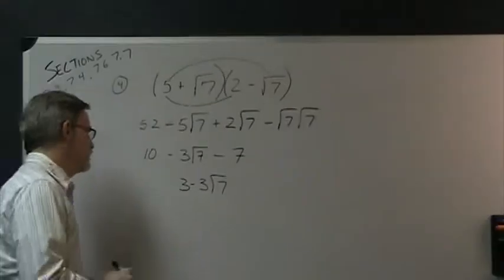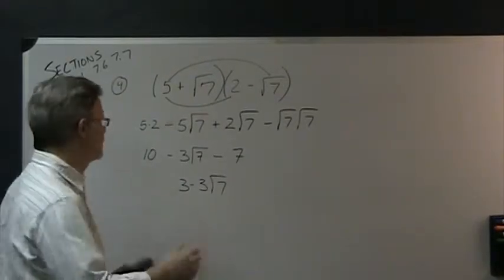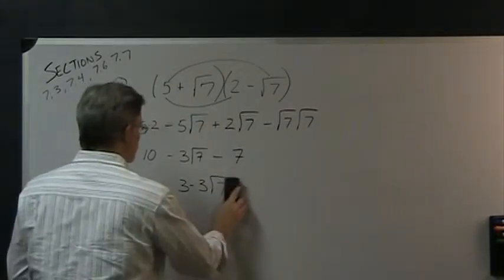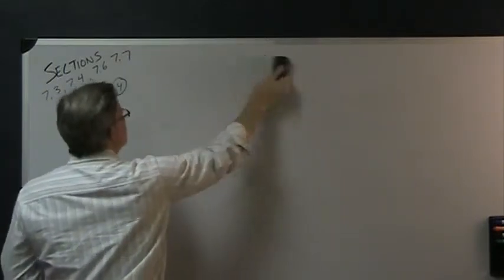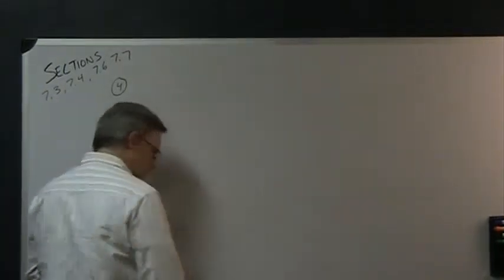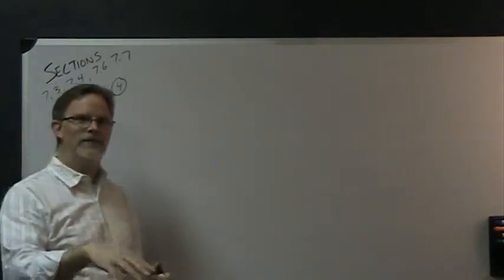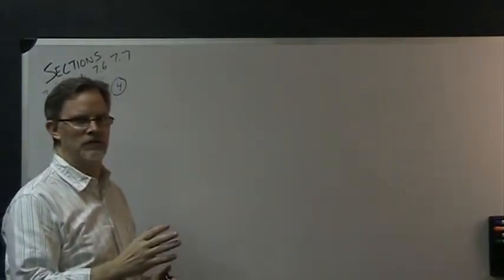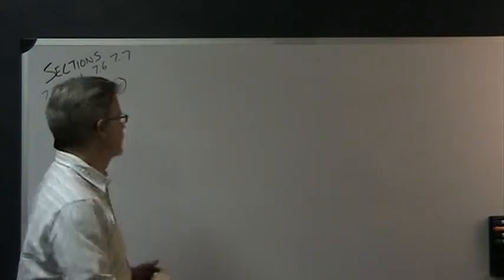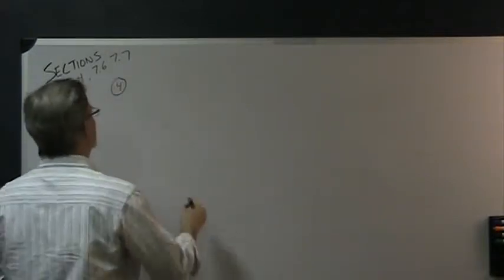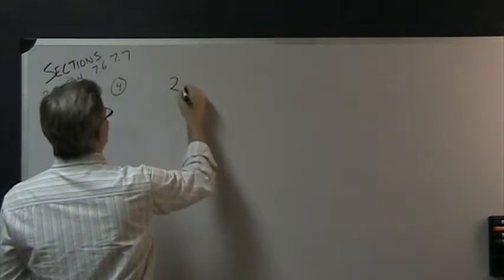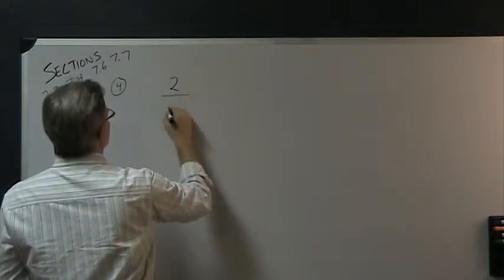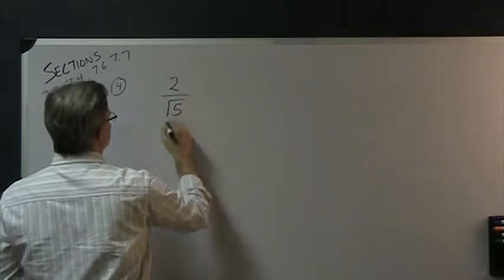Okay? Now, one last thing in these first two sections is dealing with conjugates. To be in standard form, you can't have a radical in the denominator. So for instance, what I'm referring to is something like 2 over radical 5.